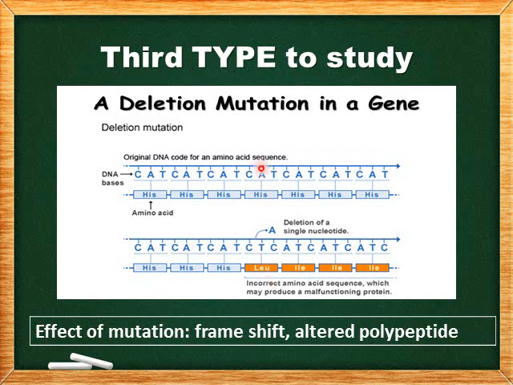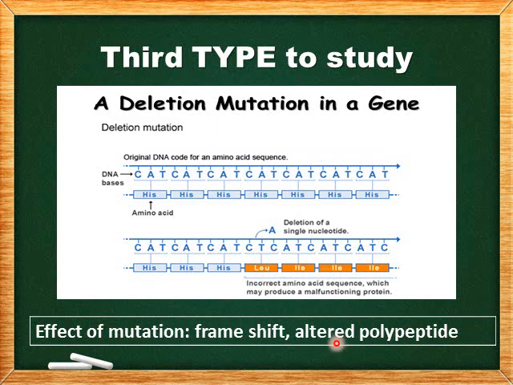So the third type to study for the mutation is deletion, when a single nucleotide is deleted, and for sure it causes a change at the level of the sequence of amino acids. The effect is also frame shift, but in this case they are all shifted to the left, unlike the insertion which shifts them to the right.